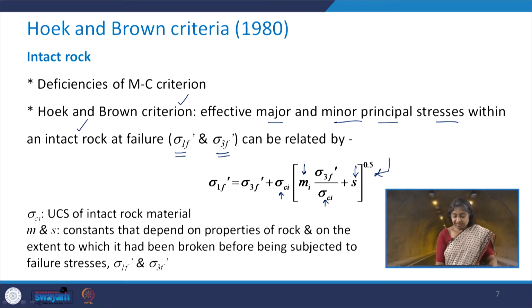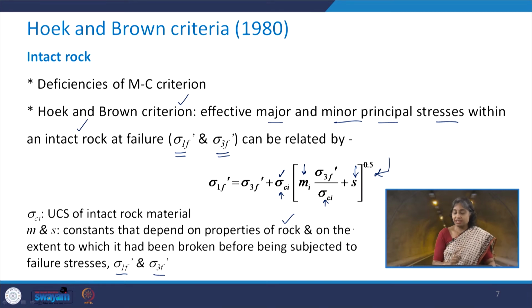So, basically sigma ci represents the UCS of the intact rock material, and m and s are constants which depend upon the property of rock and on the extent to which it has been broken before being subjected to the failure state of stress, which is defined by the major and minor principal stresses as sigma 1f prime and sigma 3f prime.